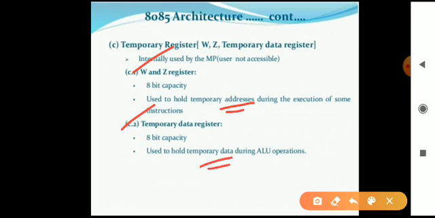It means, if we take one example, ADD B. If I say ADD B, it will perform the addition of two operands. One is by default available in register A and another in register B. But before performing the add operation, whatever data is available in the B register is temporarily transferred and held in the temporary data register, and then it will perform the operation.